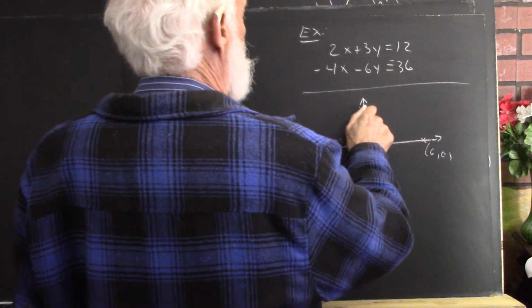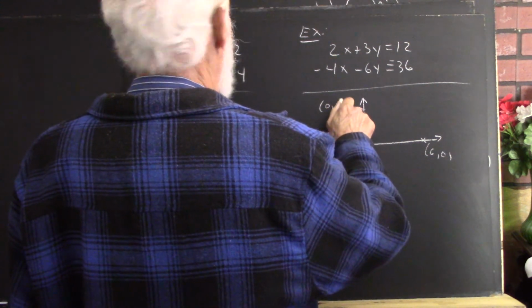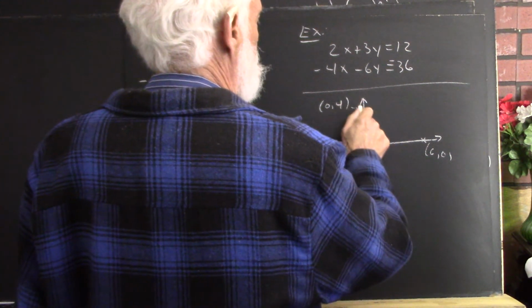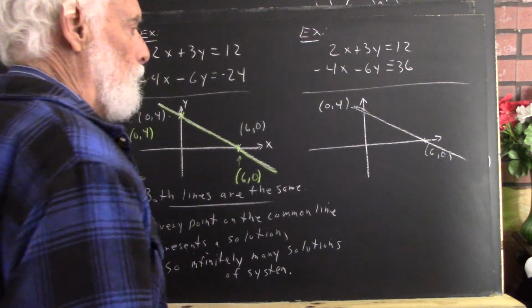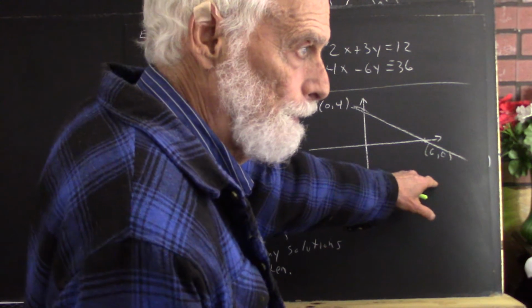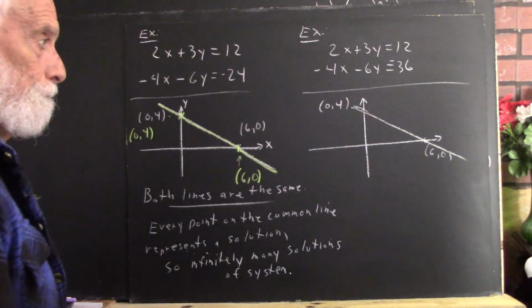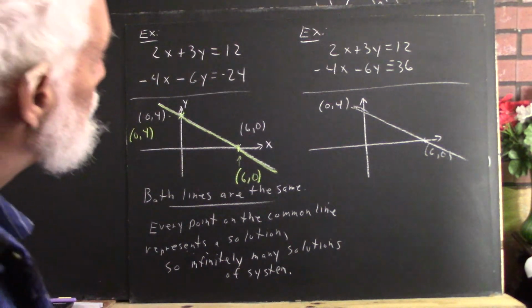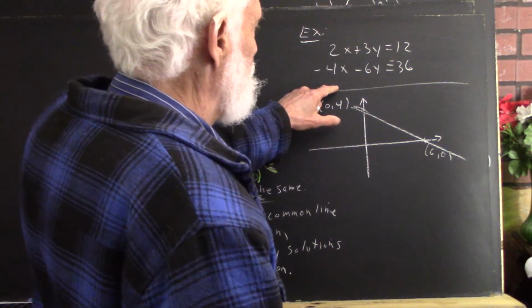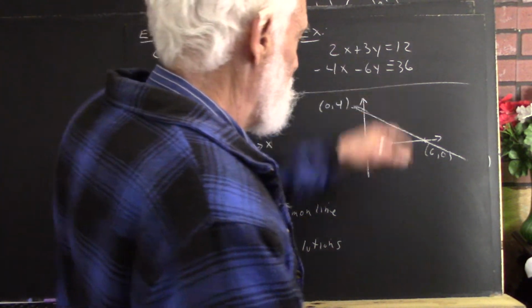Okay, we know that the first graph goes through the points 0, 4, and 6, 0. So there's our graph of the straight line. The second graph, the x-intercept is going to be 9.